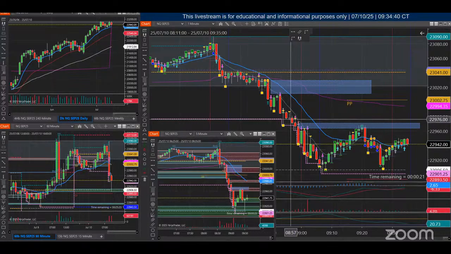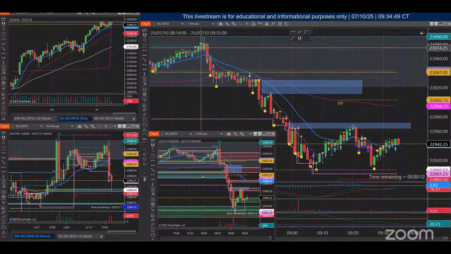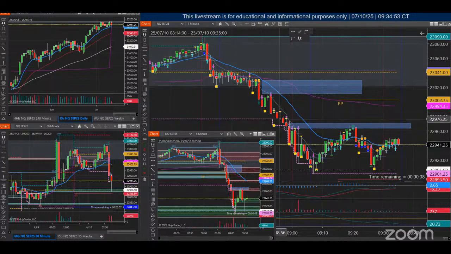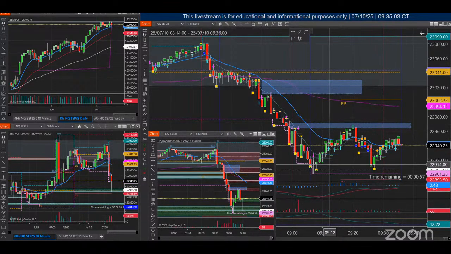So I think one of the setups I need to eliminate from my list of setups is this manipulation candle and potential reversal. I do not have much success with that setup, and that basically gets me on the wrong side.